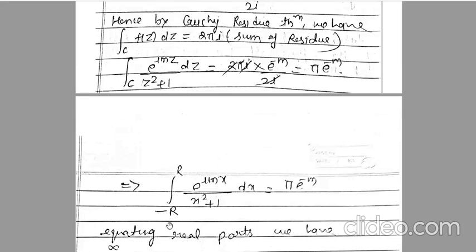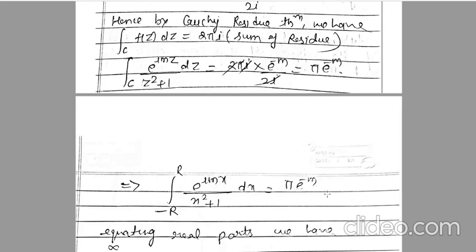Now we are finding the value from minus R to R, that means for the real axis. So from minus R to R, we are converting this integral into an x function. Minus R to R e to the power i mx upon x square plus 1 dx is equal to pi e to the power minus m.